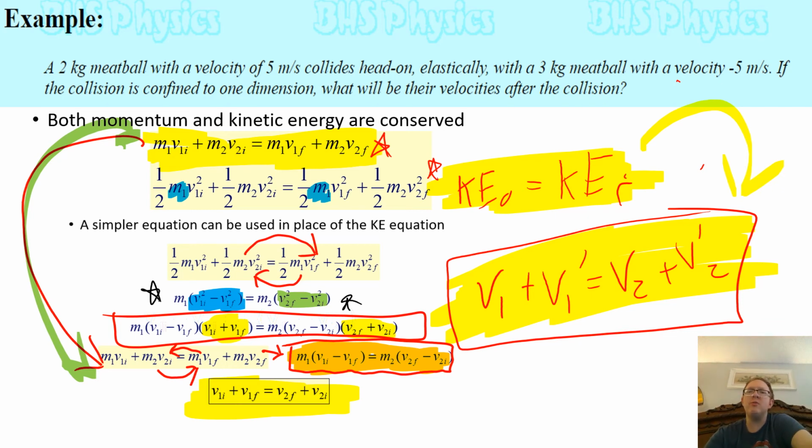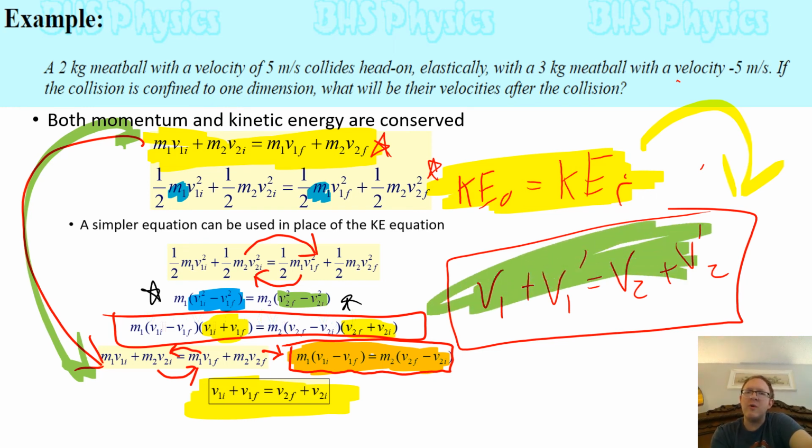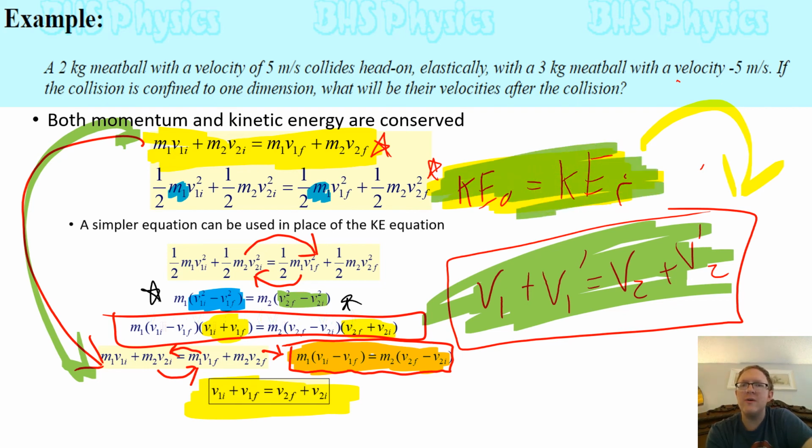And this one that I'll color in green only works when you have what we call elastic collisions. So you can't use that formula all the time. You can only use it when you have elastic collisions. This is an elastic collision. We'll go over how to calculate it. Your homework assignment has one inelastic collision and two elastics.